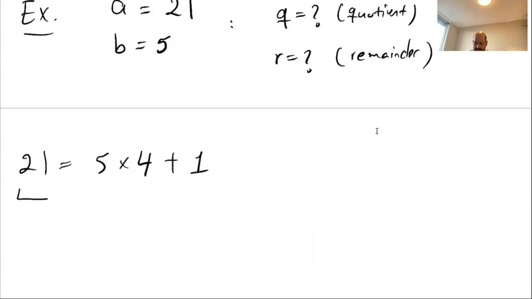So this is, as we said, called the dividend. This one is called the divisor. This one the quotient. And this one the remainder. So here, basically, we can say that the quotient Q is 4 and the remainder is 1, which is less than the divisor, which is 5, and bigger than or equal to 0.